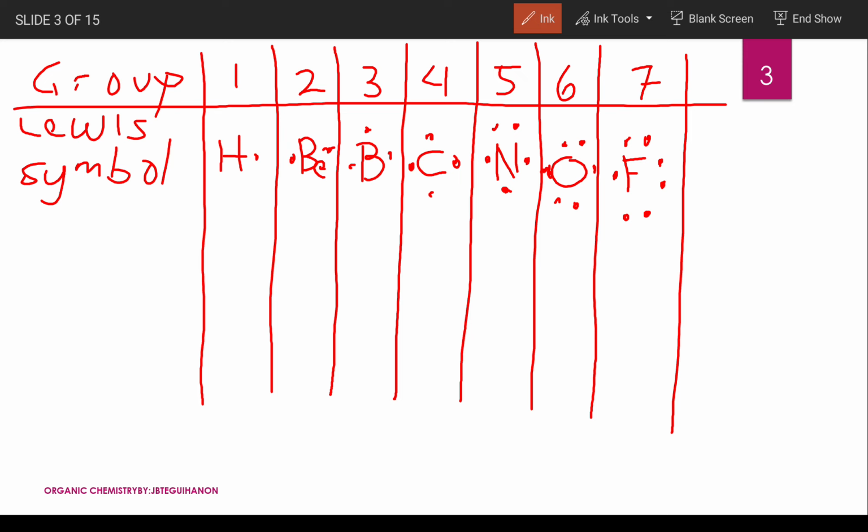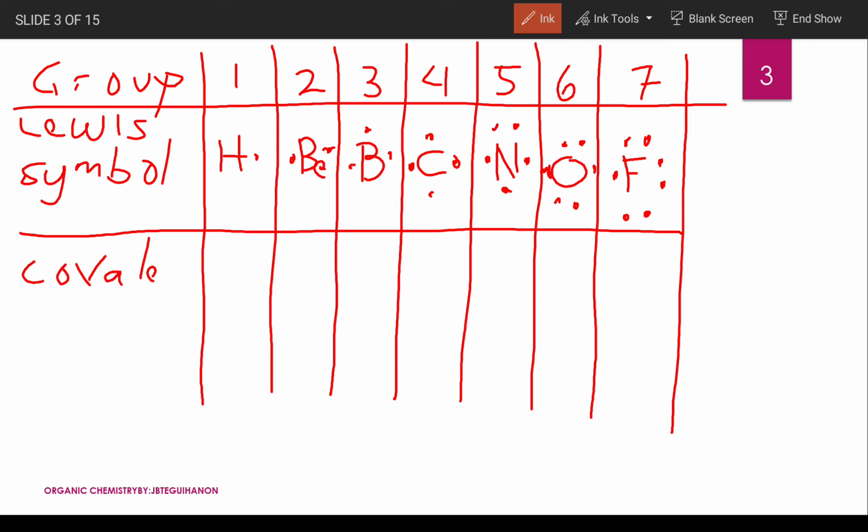Now, what's the covalence number for these? So here you have 1, then 2, then 3, at group 4 you have 4 covalence, and in group 5 you will have not 4, but 3.